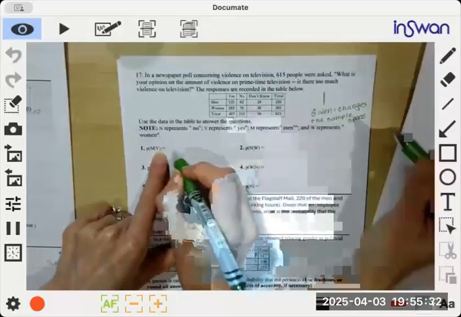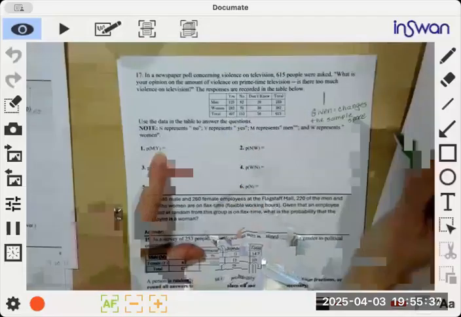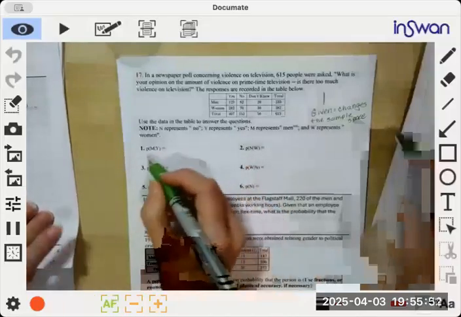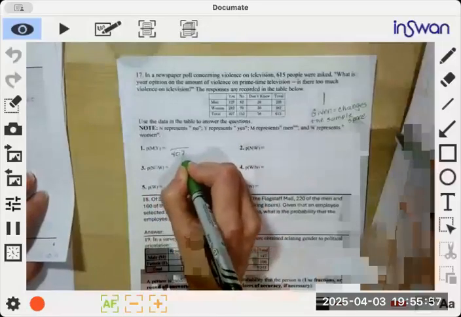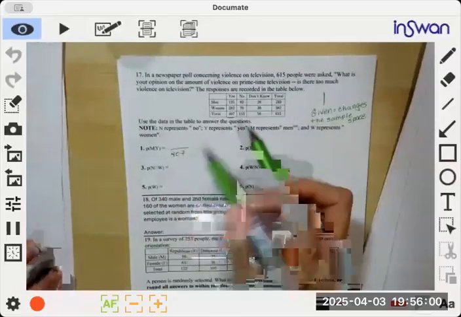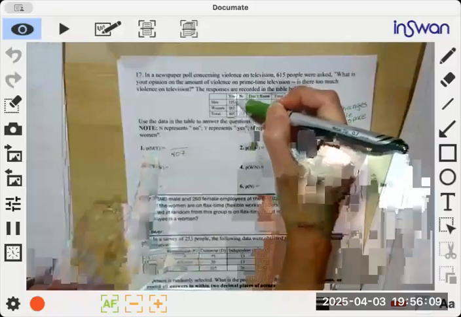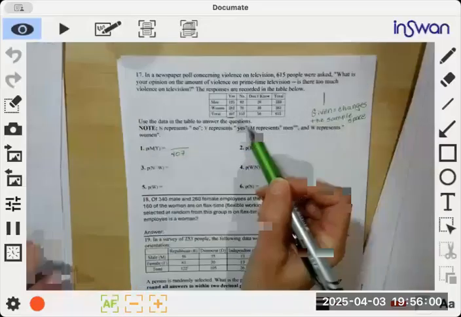So our total sample space is 407. We're going to probability. So 407. So from the given Y, how many of those are males? And that would be 125. Does that make sense how I just did that? Yes, I hope. Thank you.